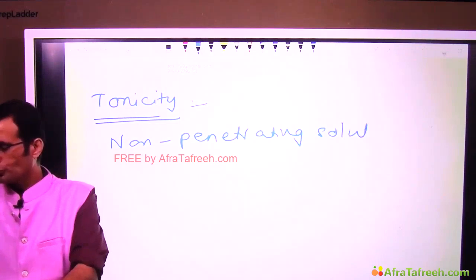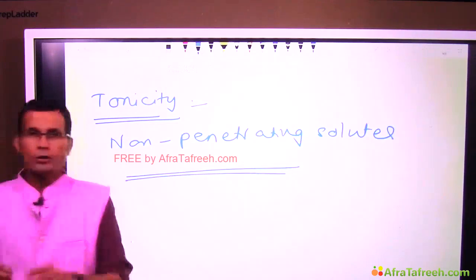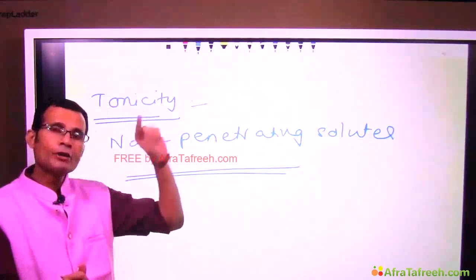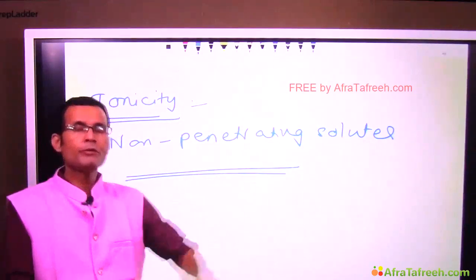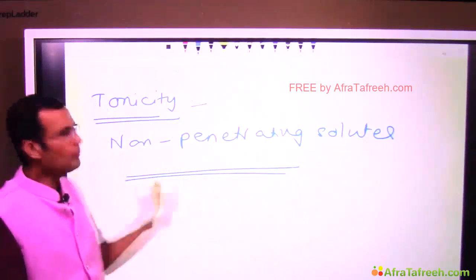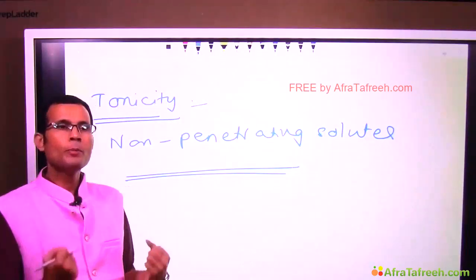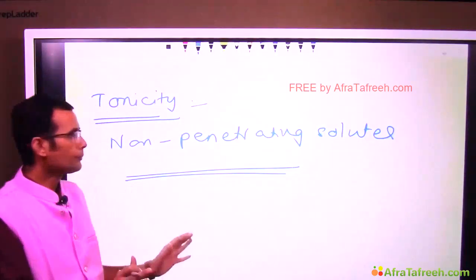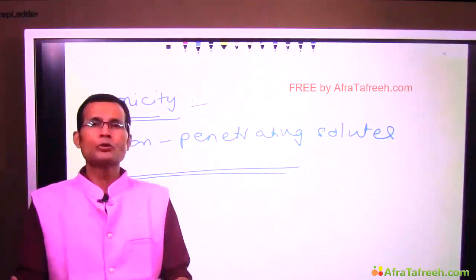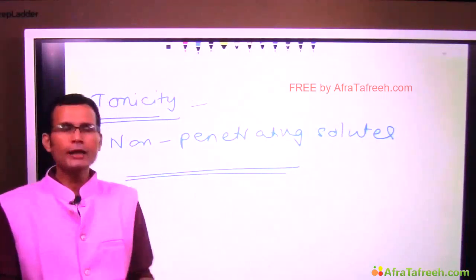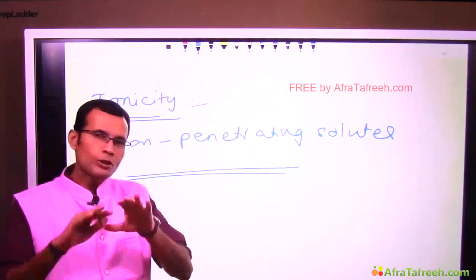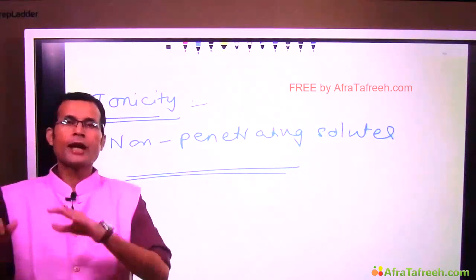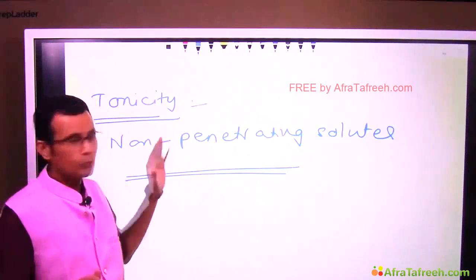From all those solutes which we considered for calculation of osmolality, we will only take non-penetrating, non-permeant solutes. Means those solutes to which the membrane is not highly permeable. So only those will be taken for the calculation of tonicity.